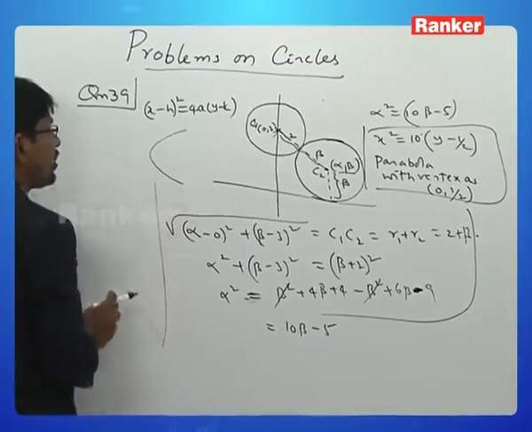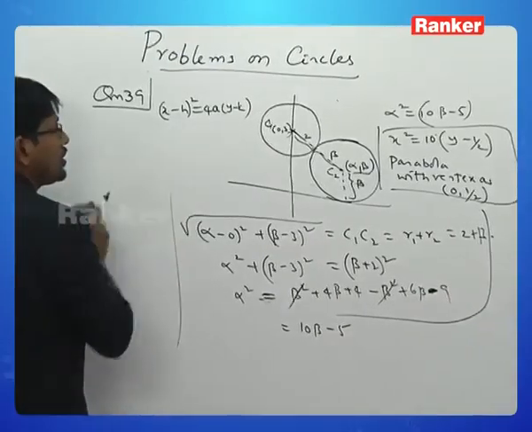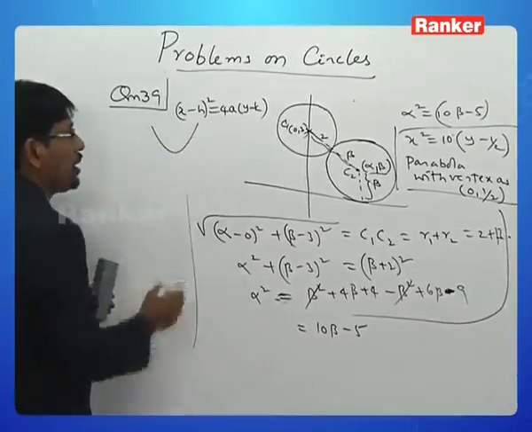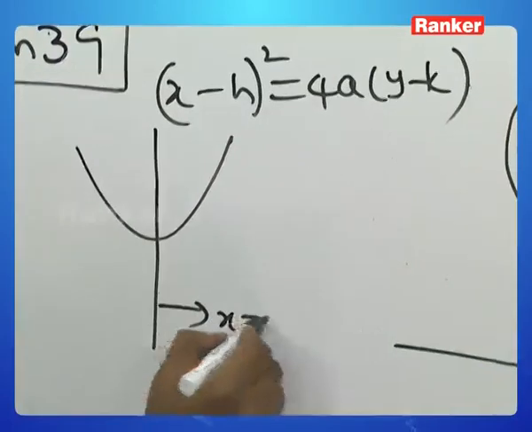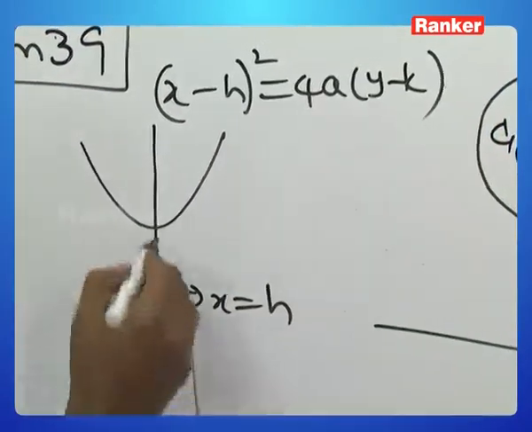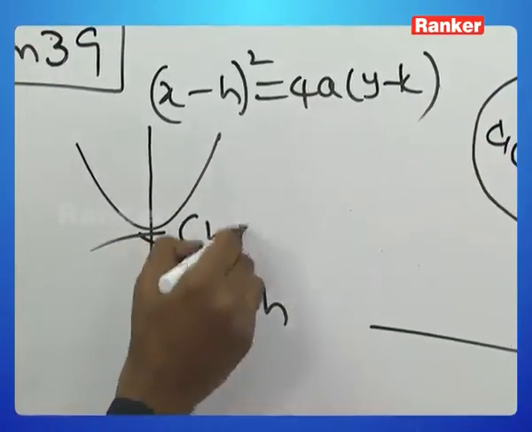With vertex as h comma k, x equal to h will be the axis of symmetry. H comma k will be the vertex.